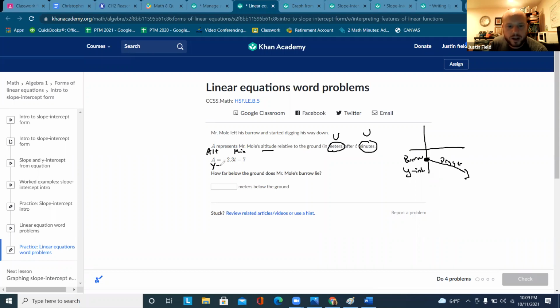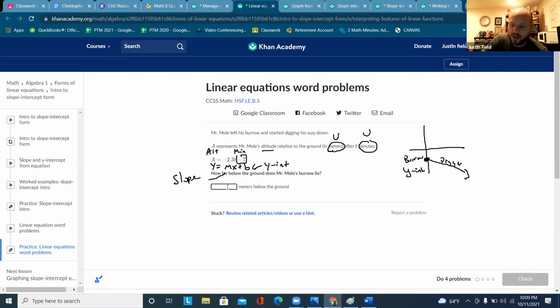Well, we know that slope-intercept form is y equals mx plus b, and m is the slope, and b is the y-intercept. And so the slope is the coefficient of the independent variable, t in this case. The y-intercept is the constant term, the number by itself. That's -7. Make sure you include the negative sign.